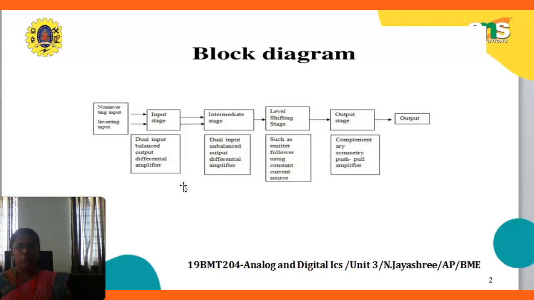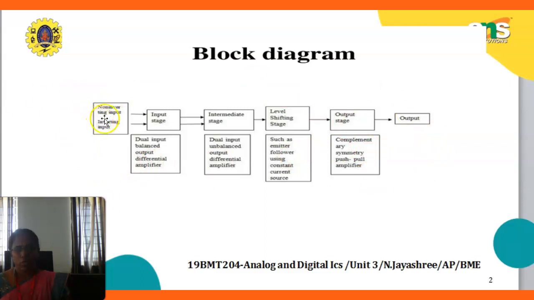The next stage is the level shifting stage, such as an emitter follower using a constant current source. The level shifting output is given to the output stage, a complementary or symmetry push-pull amplifier. At last it is the output.